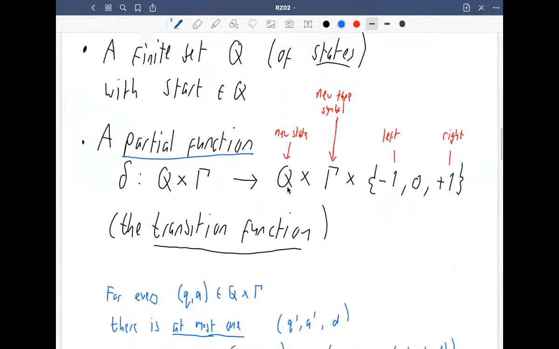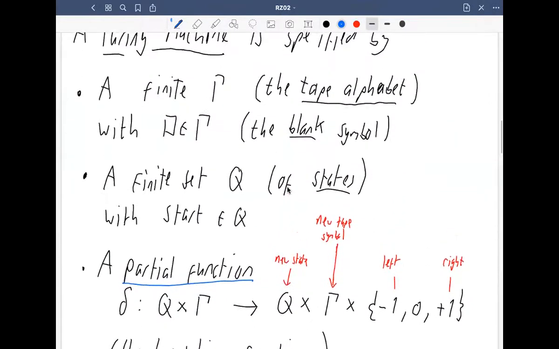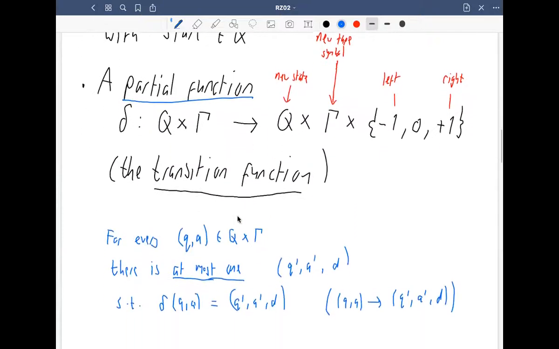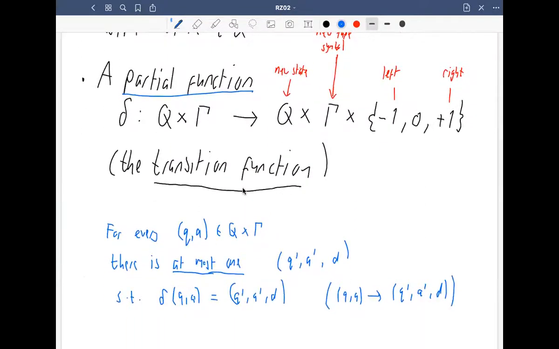Okay, so to specify a Turing machine, as we've seen, we need to give a little bit of information: a finite alphabet that we're using to decorate the tape symbols, the set of states that we're going to use for the Turing machine, and the transition function that tells the machine what the steps of computation are from the current symbol that we're seeing on the tape, that's the symbol in gamma here, and the current state we're at.